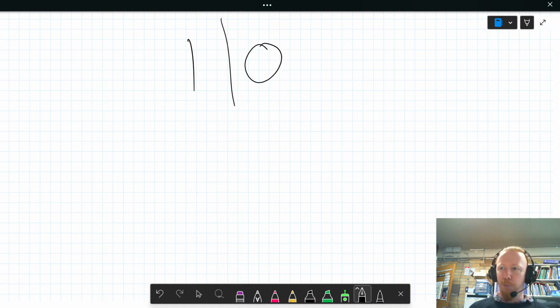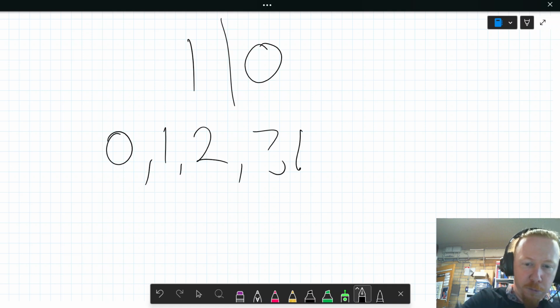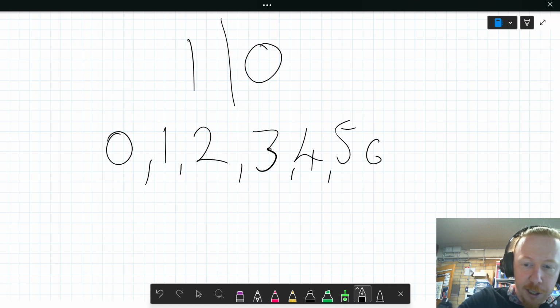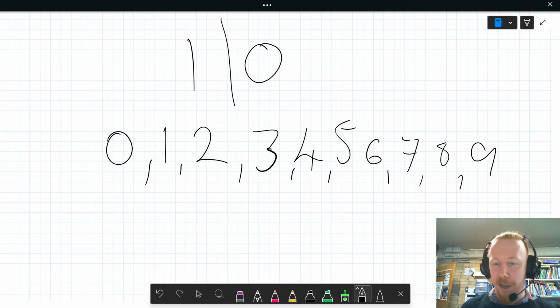Because in our math system, we have lots of digits, right? We have 0, 1, 2, 3, 4, 5, 6, 7, 8, 9. We have all these digits. So we've got a lot more symbols we can use for information right there. How do we do it with just 1 and 0?